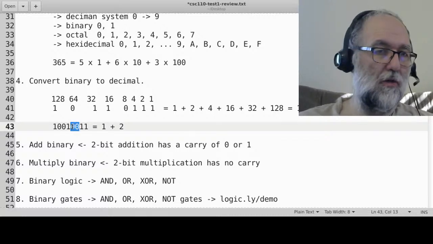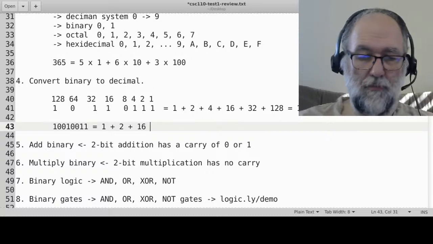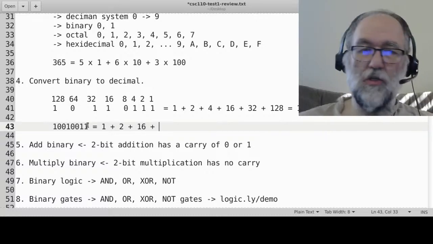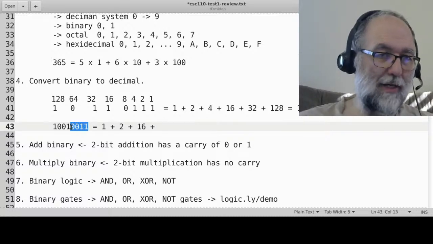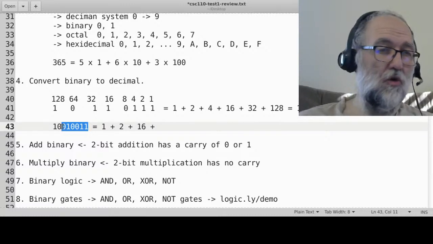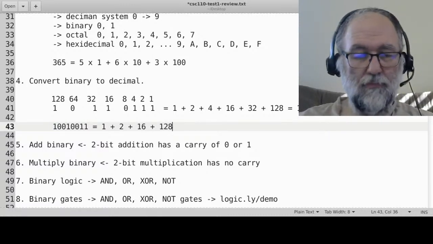There's no 4, there's no 8, and there's a 16. Okay, so once again, you start with the right side of the number and move towards the left. So there's a 1, there's a 2, no 4, no 8, a 16, no 32, no 64, and a 128.